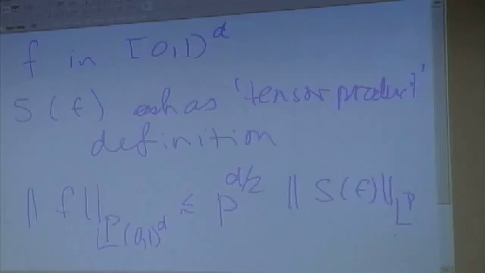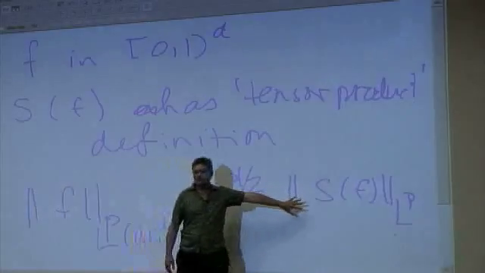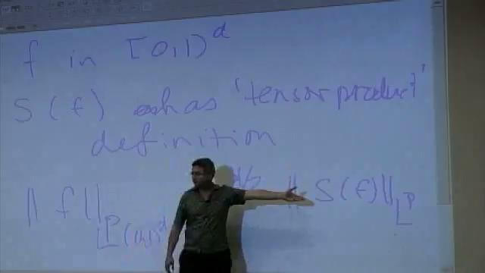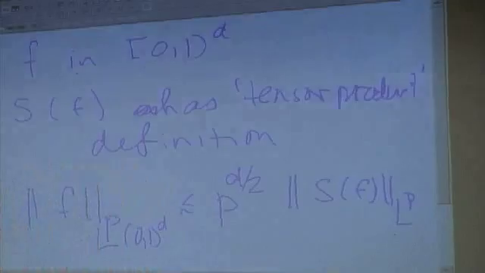This uses in an essential way the fact that the Littlewood-Paley inequalities hold for Hilbert space-valued functions. And then there's a well-known inductive proof of this estimate based on that fact. Apply Littlewood-Paley in the first coordinate, and what you get is an L2 valued function. But then you get to apply Littlewood-Paley in the second coordinate, and you continue.